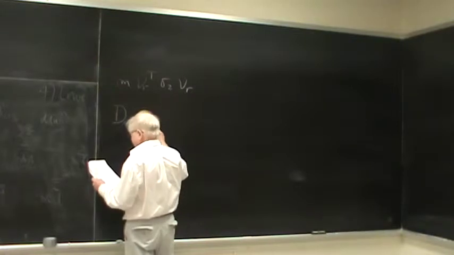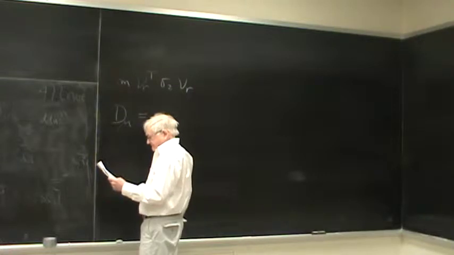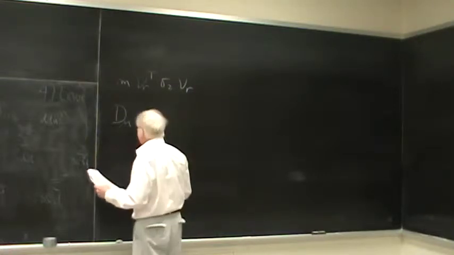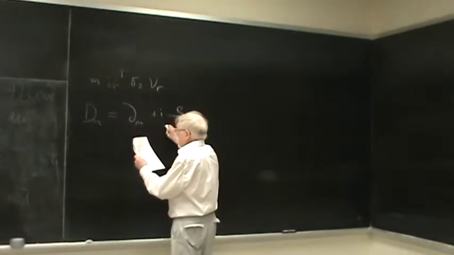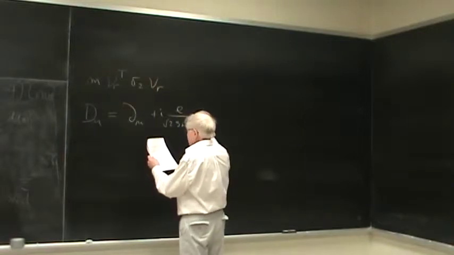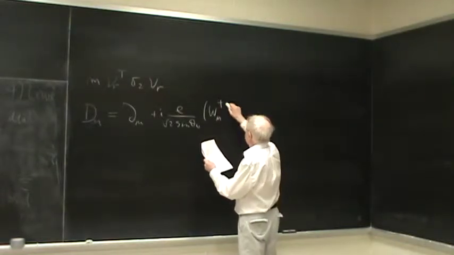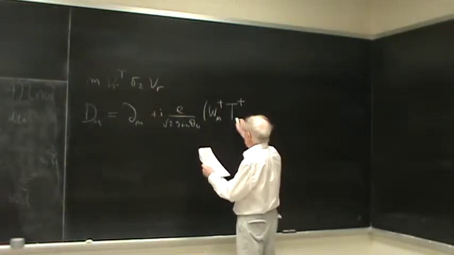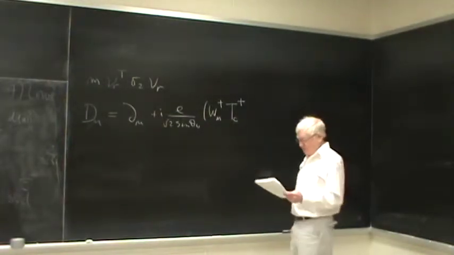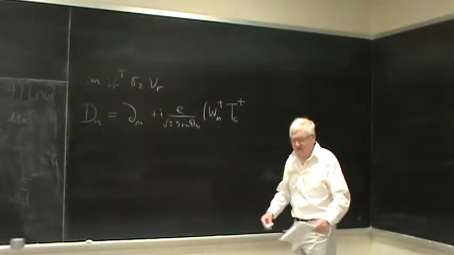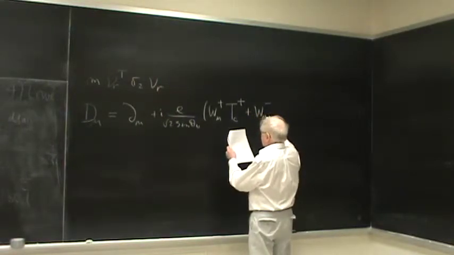And one way of writing it, and now I'm going to write it this way: d mu plus i e over root 2 sine theta w, W mu plus, and T plus, I should write CKM, but I'm just going to write C for Cabibbo. We have to have the K and the M in there, but just to keep the notation a little bit simpler, so I don't run out of chalk.